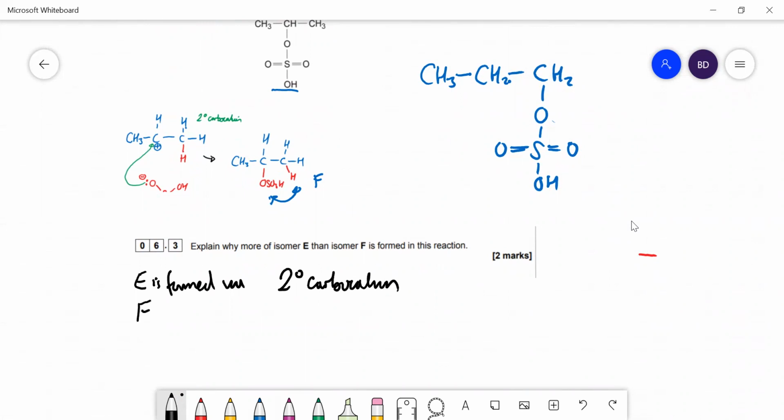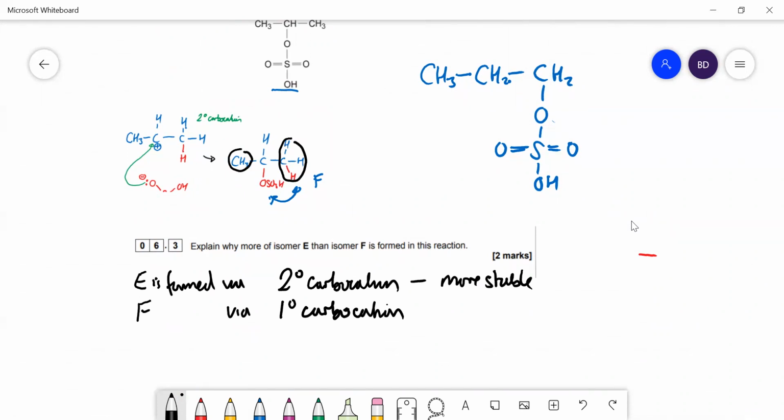F is formed via the primary carbocation. And then you need to say the secondary carbocation is more stable. I don't think you need to say why it's more stable. It is more stable, of course, because you've got 2 alkyl groups pushing charge.